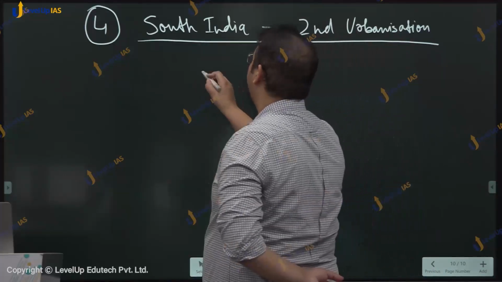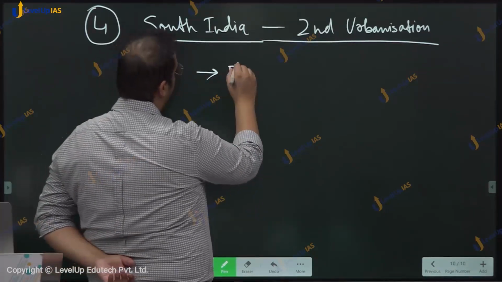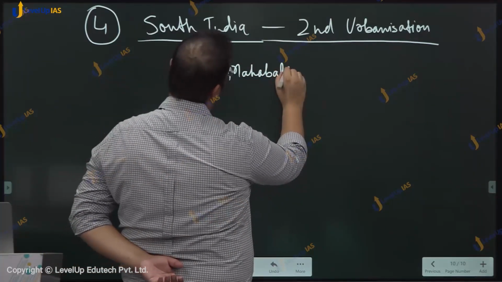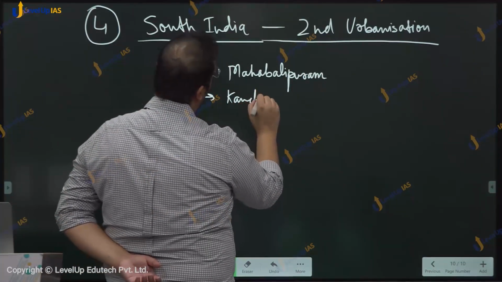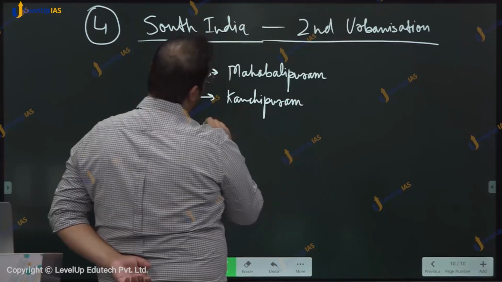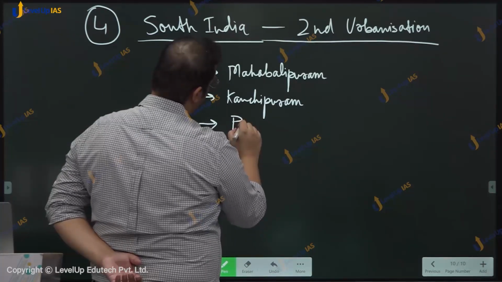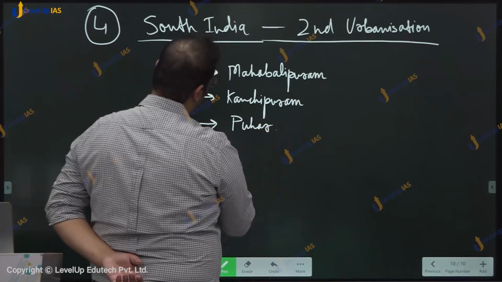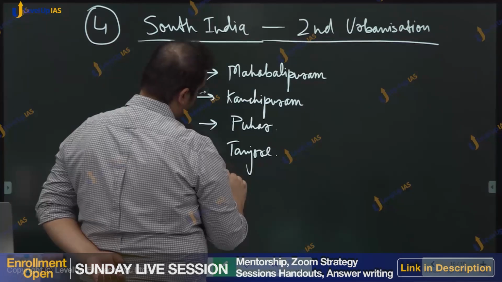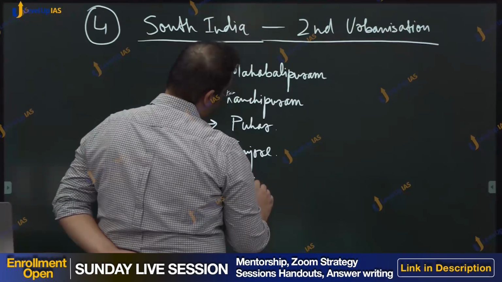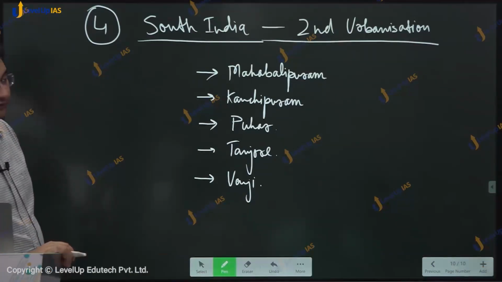A large number of major cities such as Mahabalipuram, Kanchipuram, Puhar, Tanjore, Panji, etc. flourished.